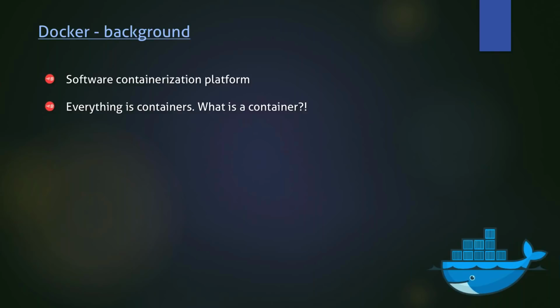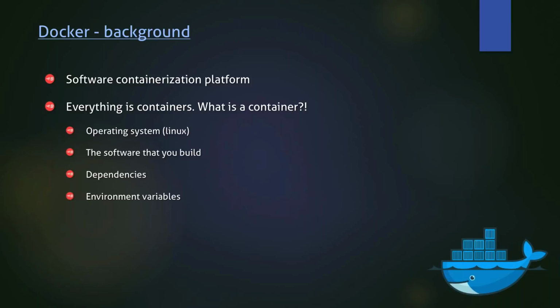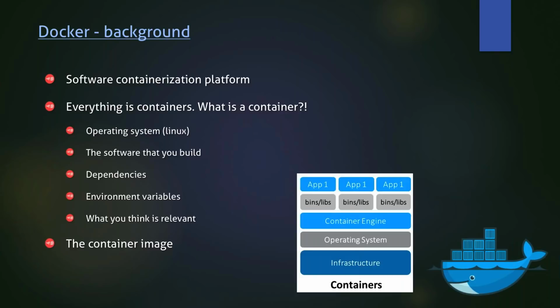At a high level, containers contain the real operating system, Linux for example, the software that you build, the dependencies that you run the software with, the environment variables, and anything that you think is relevant to the container. It is very handy in terms of automation testing, and I will soon show you how everything is connected. Unlike a virtual machine, containers include the application and all its dependencies, but share the kernel with other containers.